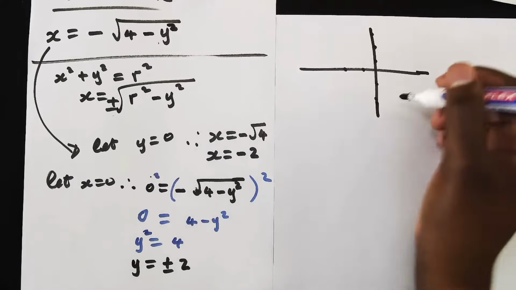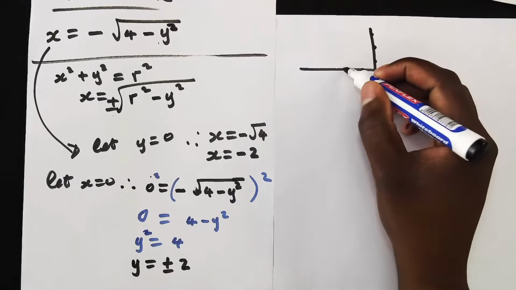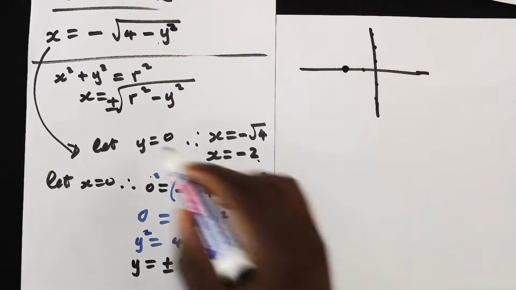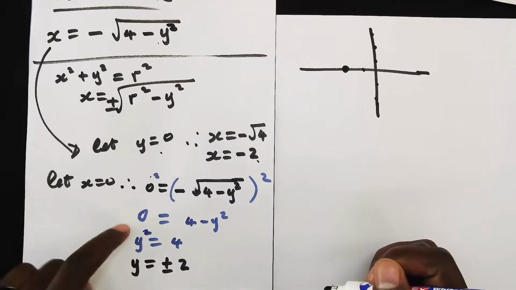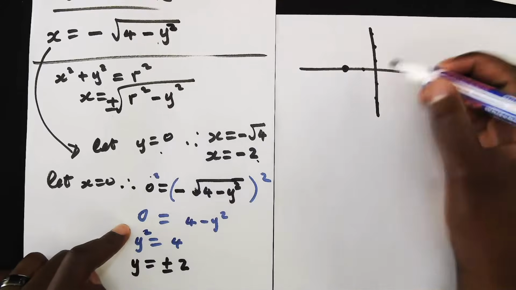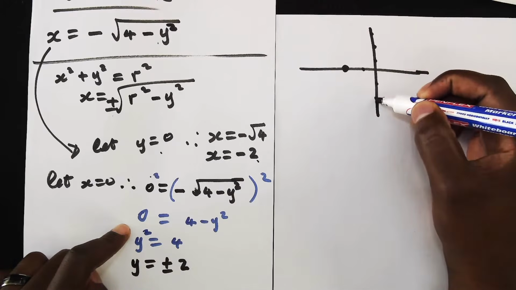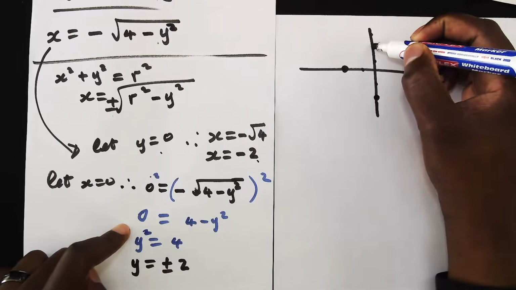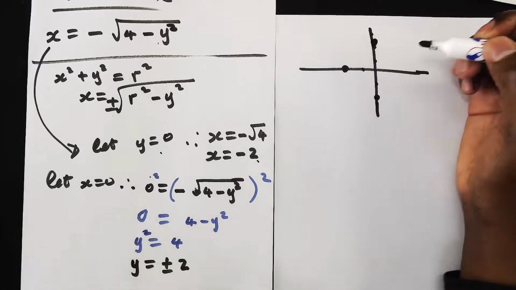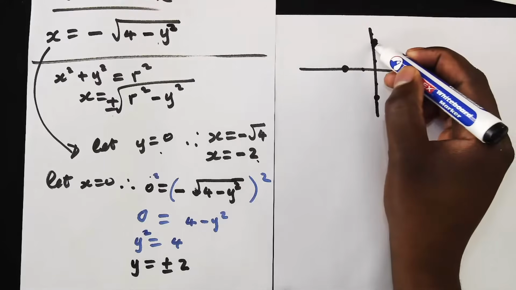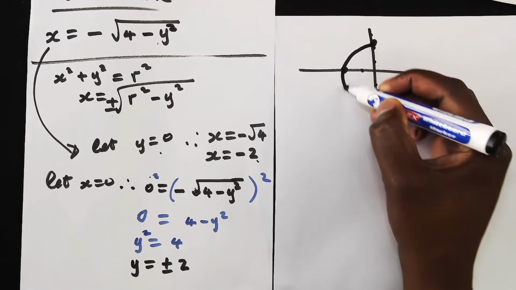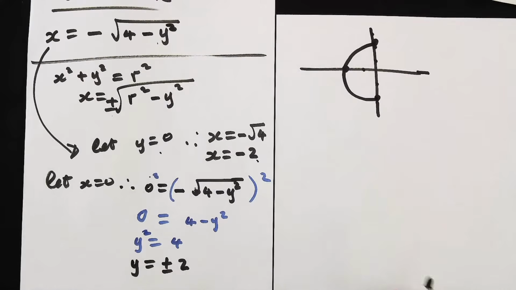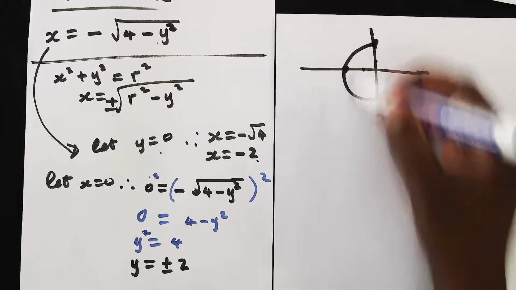We stated that if x is -2, what is y? Y is 0, isn't it? But when x is 0, then y is -2 and positive 2. Therefore, when you start joining, you'll join these points and you have that shape.